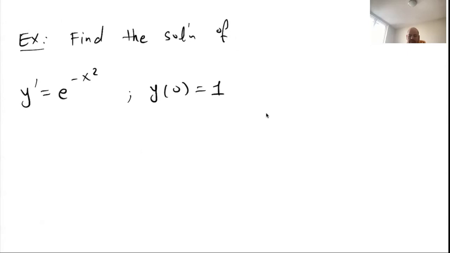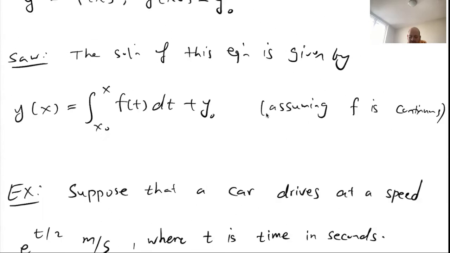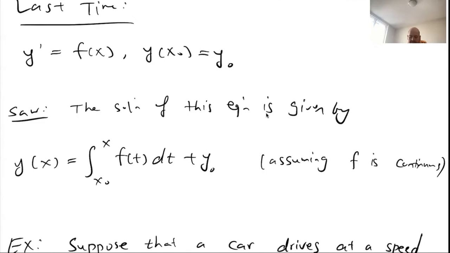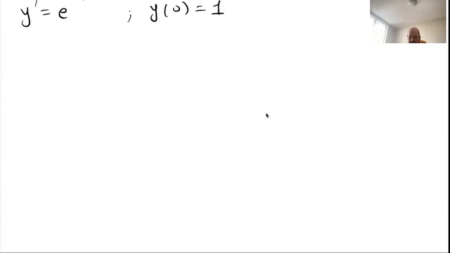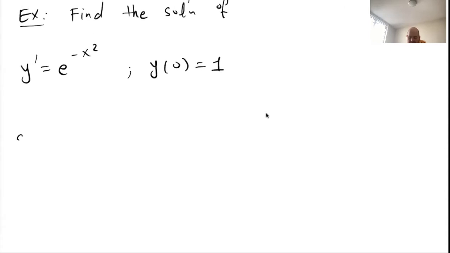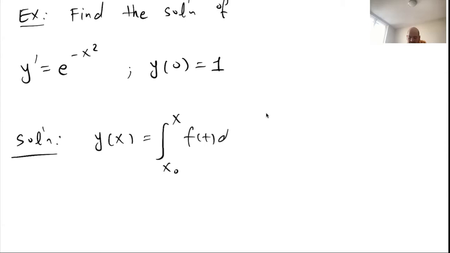Well, again, we can use our recipe. We had a recipe for the solution of the equation y prime equals this function, and we have everything here again. So we can say that y of x equals integral x0 to x of f of t dt plus y0.